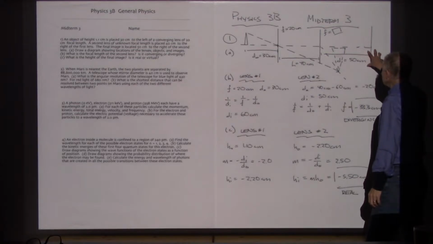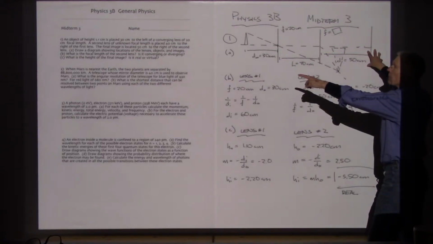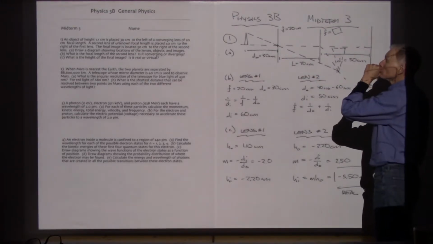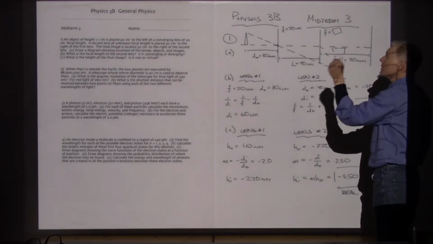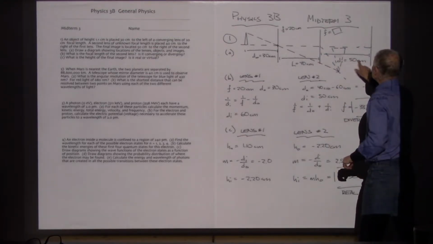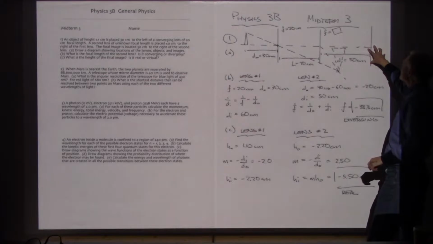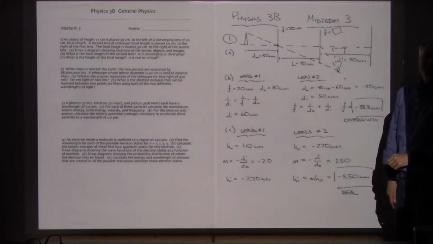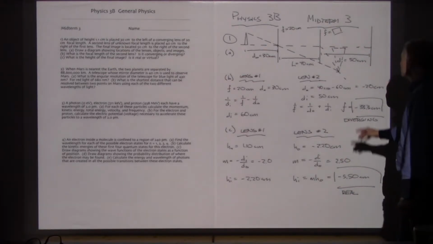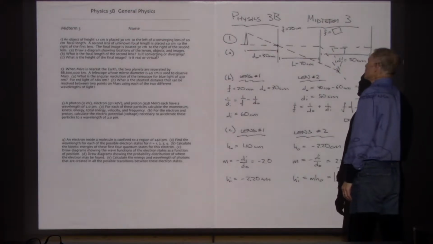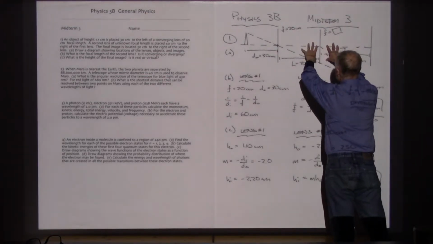This is a real image because it's ending up on a screen. No, it's not ending up on a screen. It's a real image because it's on the side of the lens where the light actually is coming together.